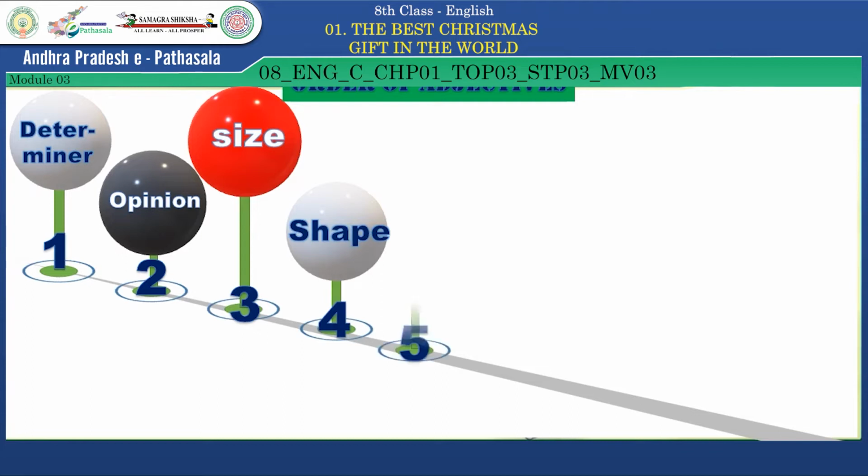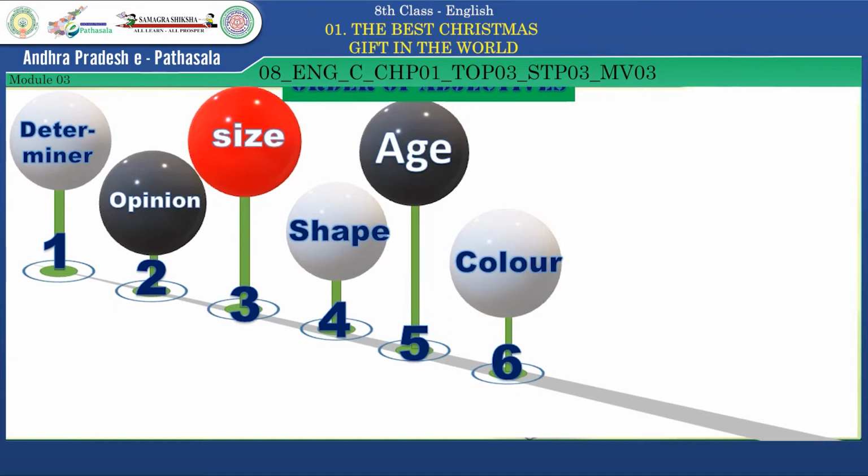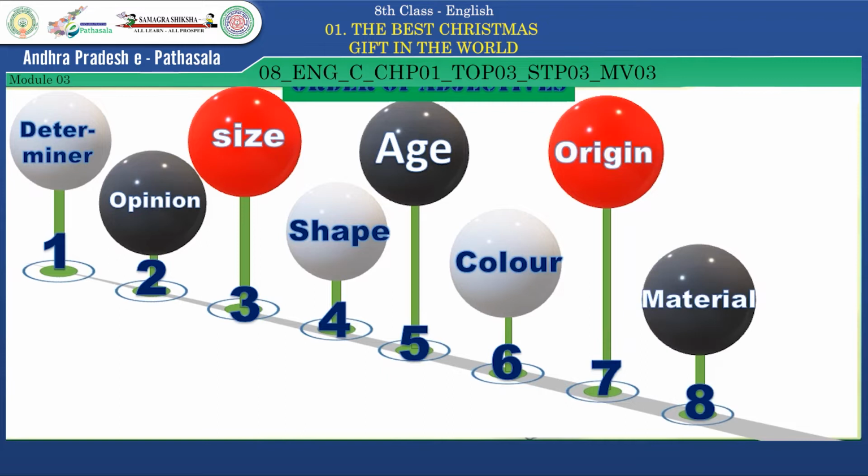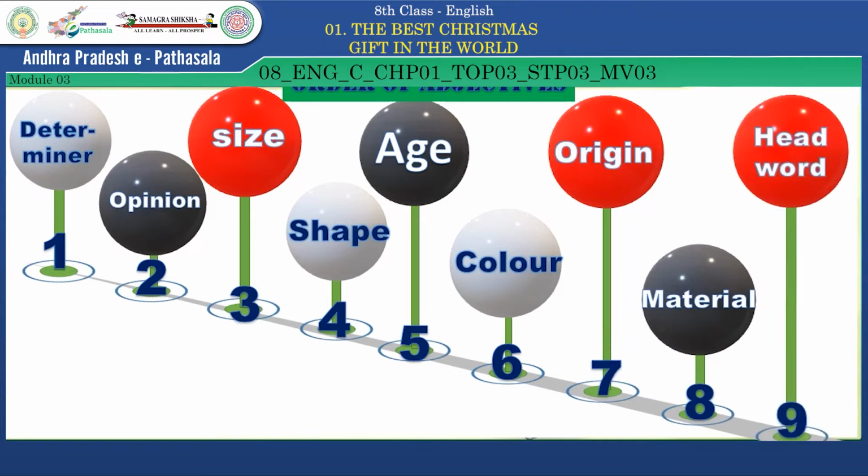Fourth, shape. Fifth, age. Sixth, color. Seventh, origin. Eighth, material. Ninth and the last one, that is the head word or noun. So these are the 9 things which we should keep in mind while writing the order of adjectives.